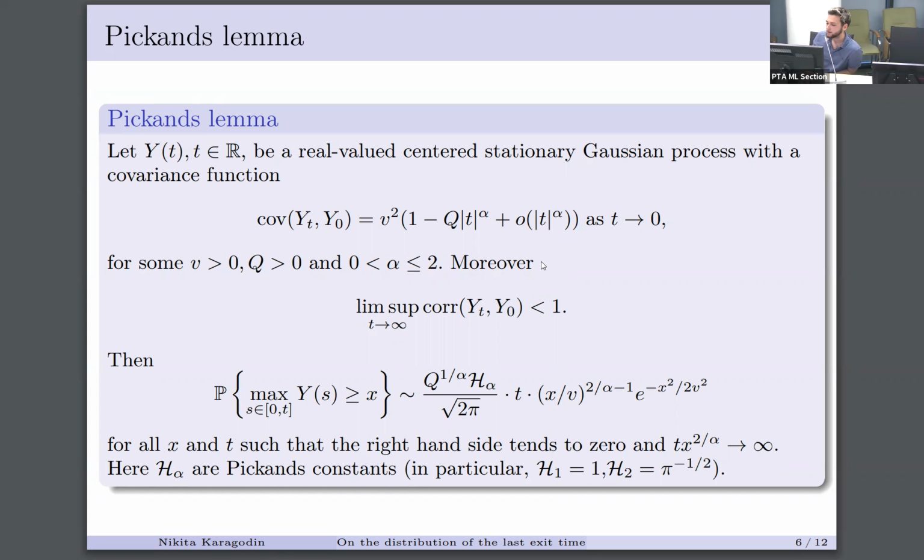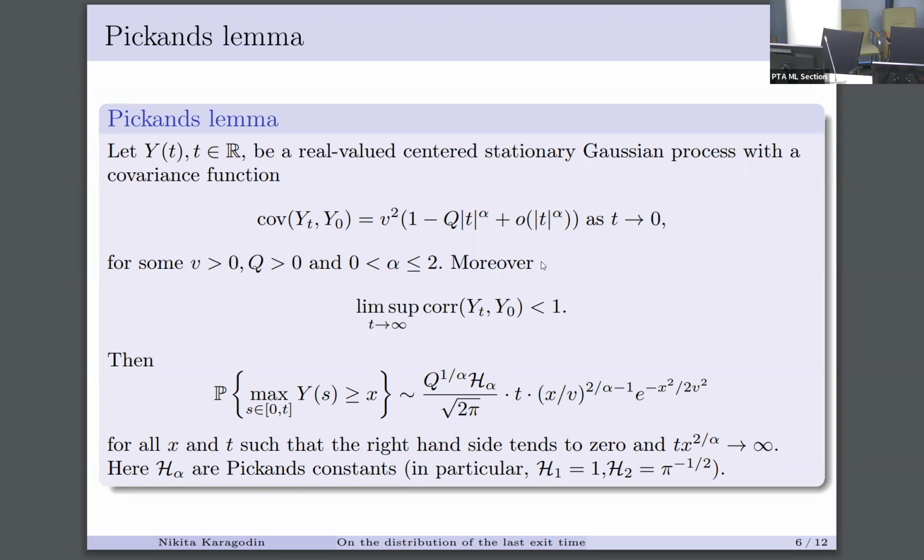Yeah, this step was quite clear. And the surprising part is the second step. So I can draw maybe a picture. The first part is the following.